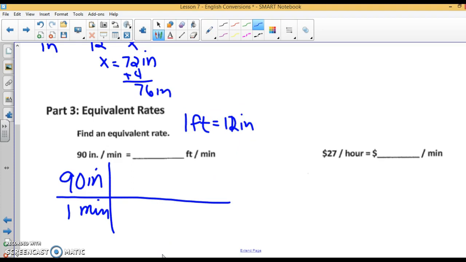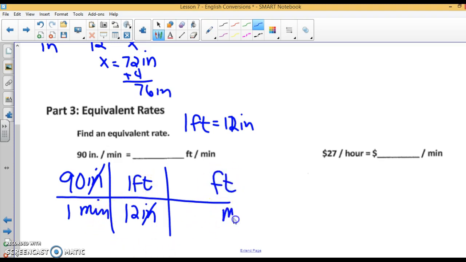Now, the tricky part is you've got to figure out where these go to end up having feet left. Well, our inches are on the top, so don't I want to put the 12 inches on the bottom so it cancels out? Watch what's going to happen here. Inches divided by inches is 1. I'm going to be left with feet per minute.